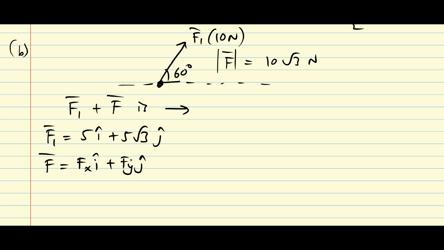And since I know that when I add F1 bar and F bar, only the x components will survive this addition, and the y components will cancel. So what it effectively means is that this Fy must be minus 5 root 3 because it has to cancel with this term.